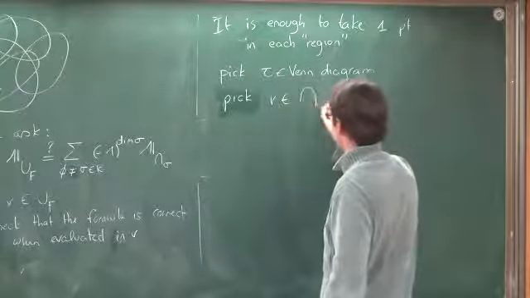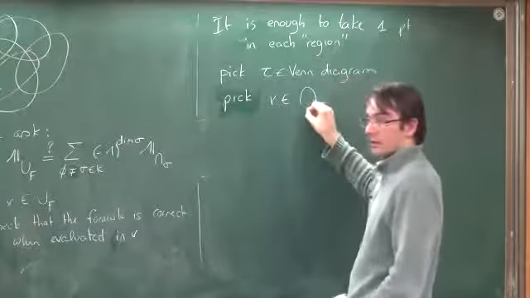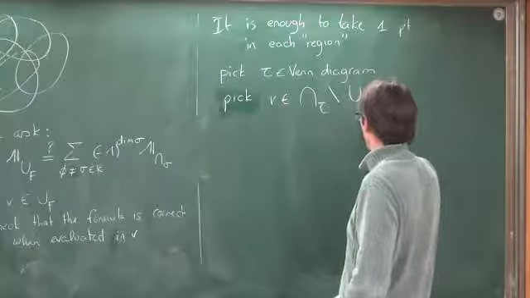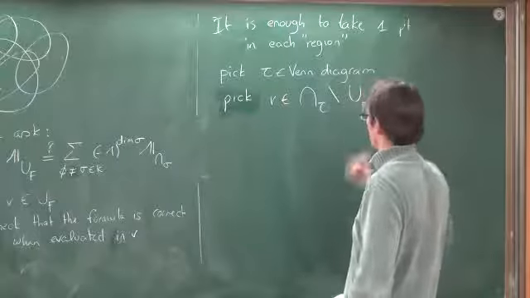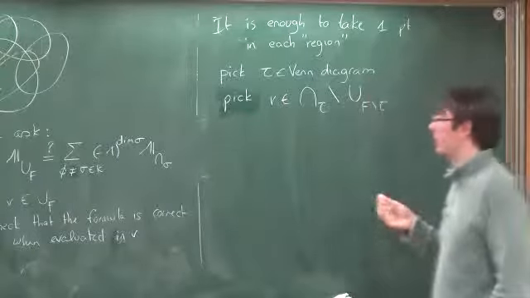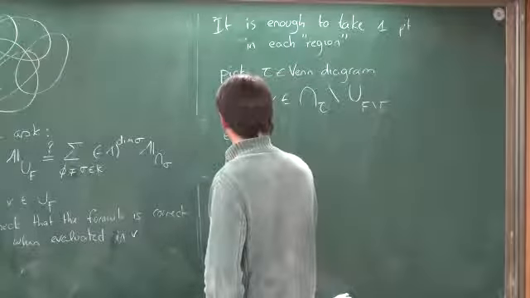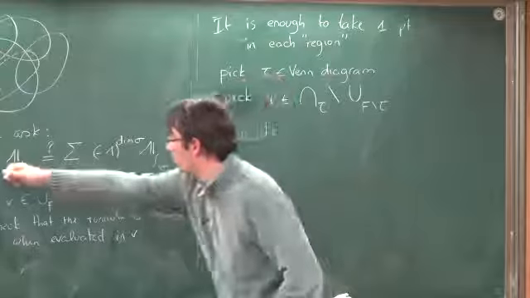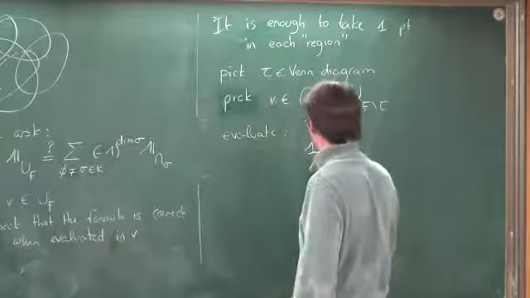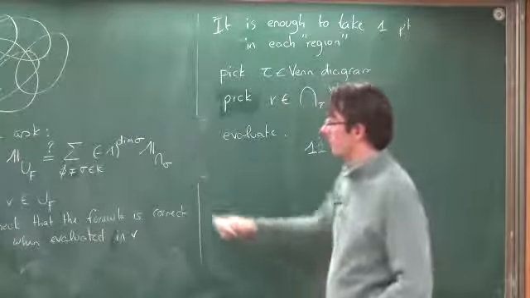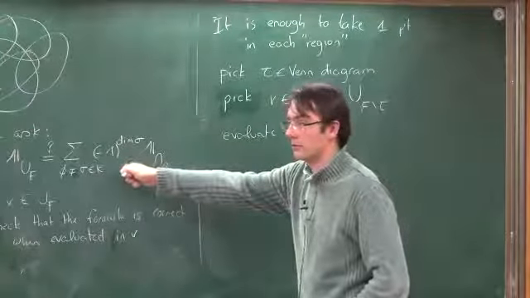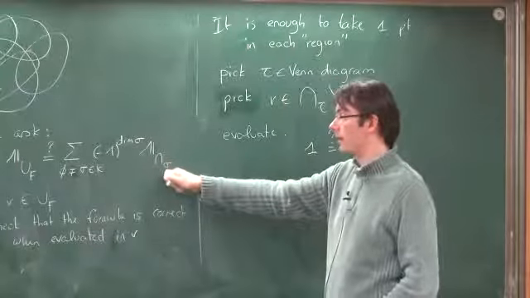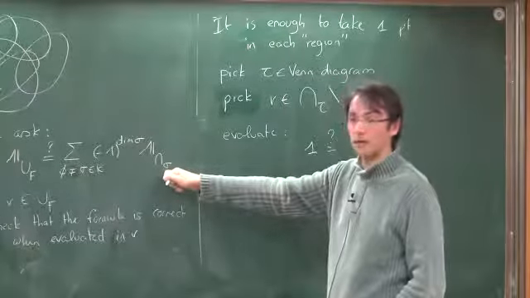The corresponding region is the intersection of everything that is in tau minus the union of everything that is not in tau. Now I evaluate. What do I get? This should be equal to 1. What does this evaluate to? This indicator function will evaluate to 1 if and only if sigma is contained in tau.